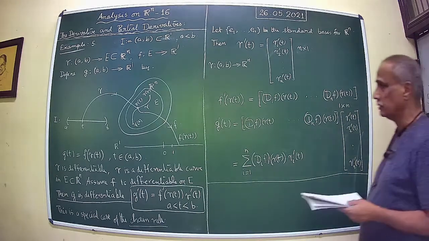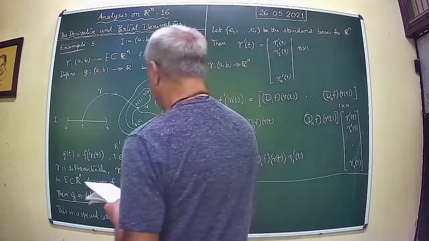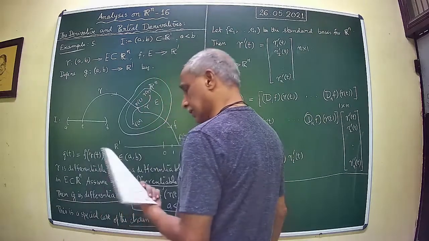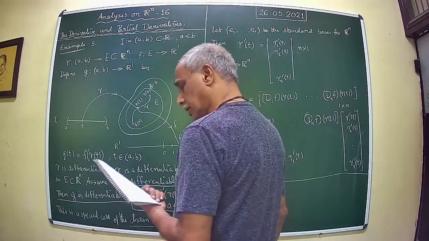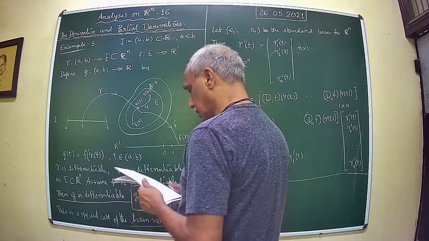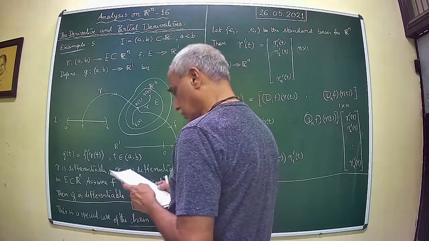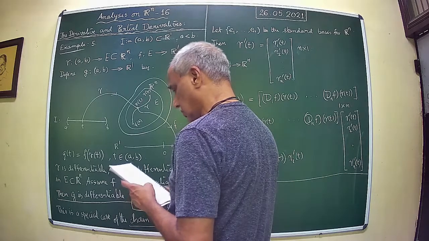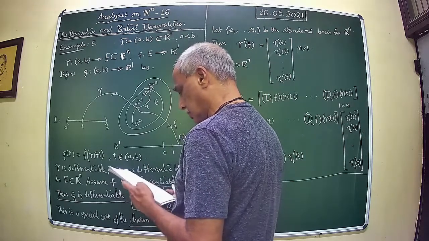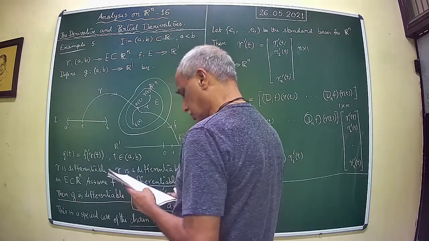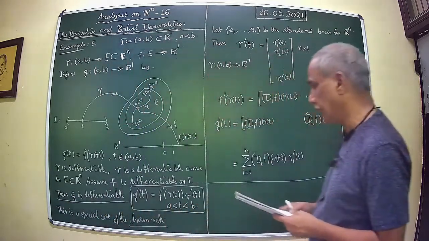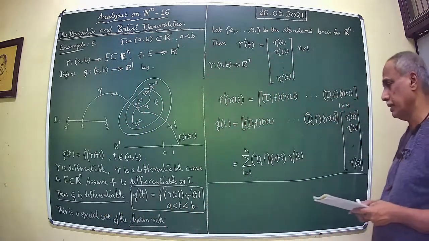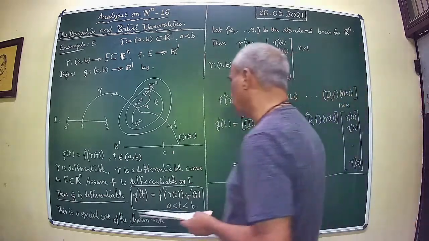Now here we also assume that the absolute value of gamma derivative is not equal to 0.